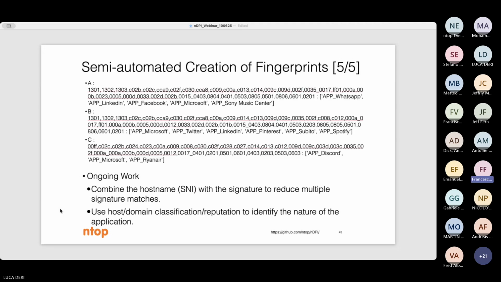Some things that I've noticed are that there are some shared JA4 among the apps. This means that I can't use this kind of information to be sure about a certain app, and so I will look at the host names.